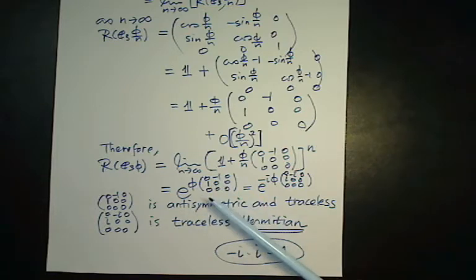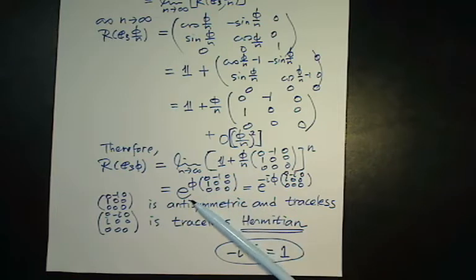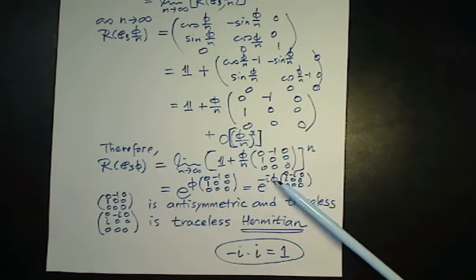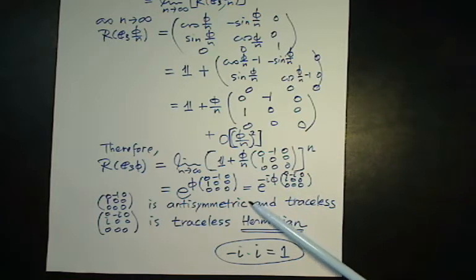It has only two non-vanishing components, they are anti-symmetric. Minus i times i equals 1, so you pull out the minus i in front of the real angle parameter. This is real, and i can be substituted in here.